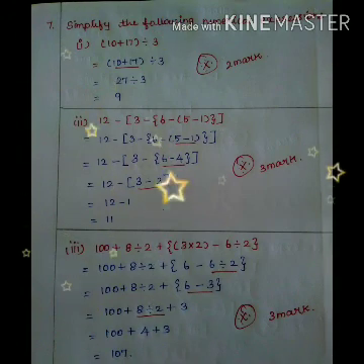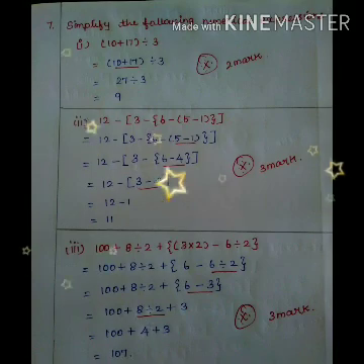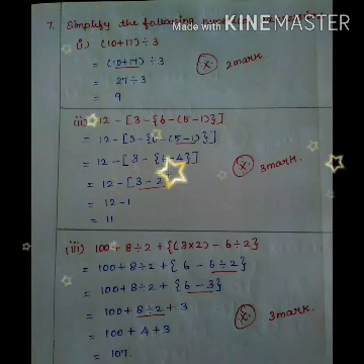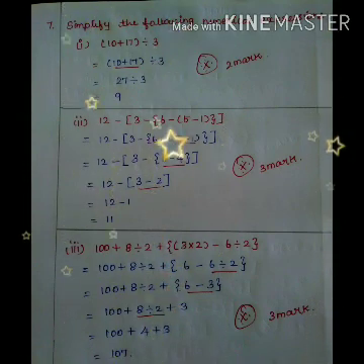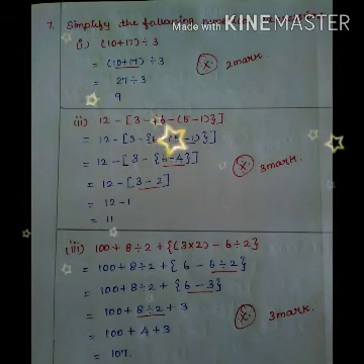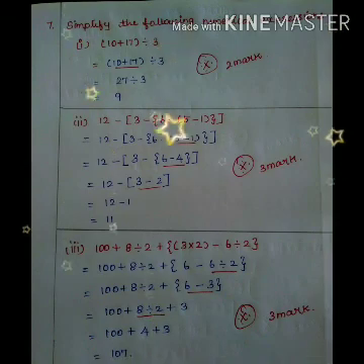In that bracket also we want to see which one is the innermost bracket. So 3 into 2 is 6. First I completed 3 into 2.